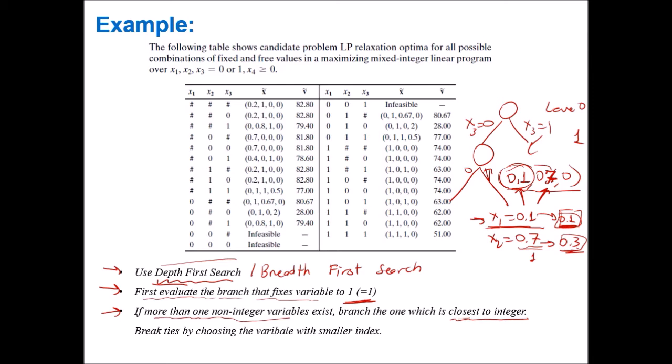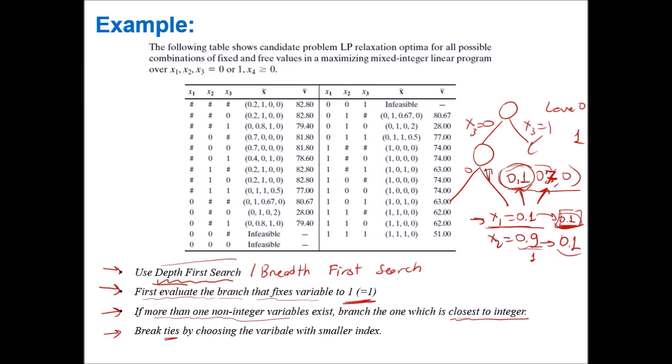And it says that if still there are some ties, equalities, so let's assume that the value of x2 here was 0.9, okay? Then x2 is closer to 1, and its distance to 1 is 0.1. So x1 is 0.1, x2 is 0.1.